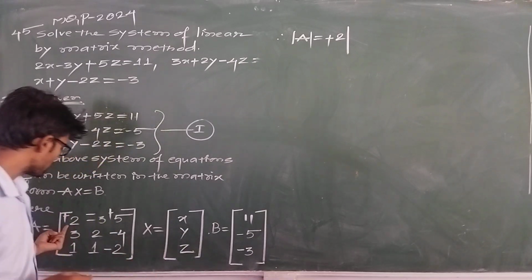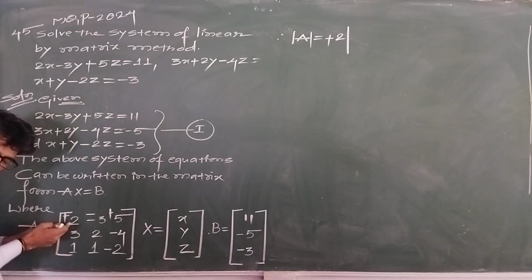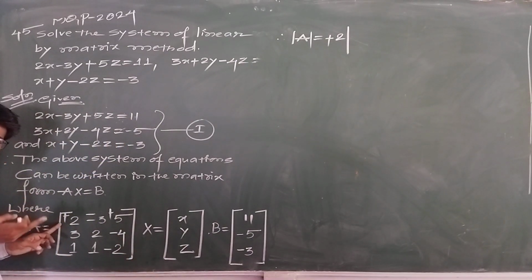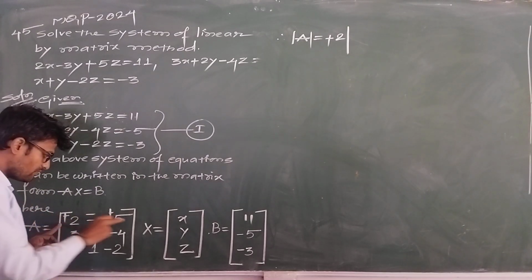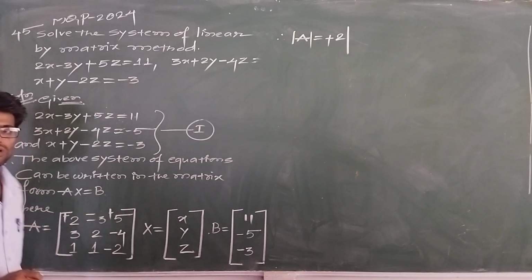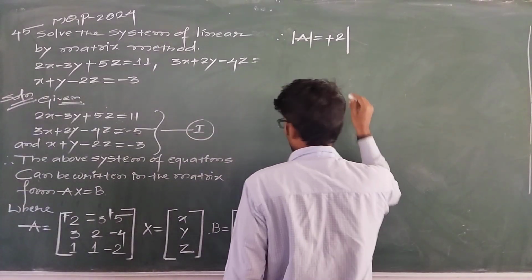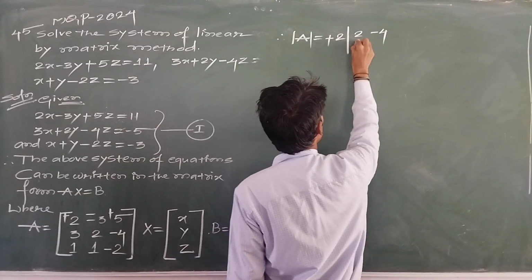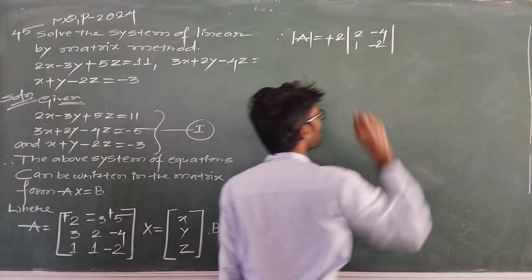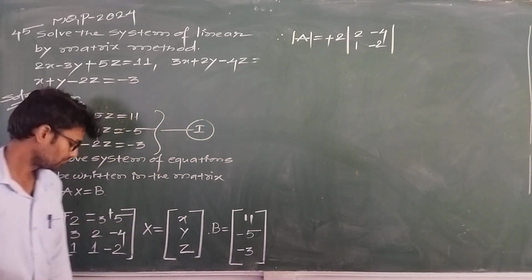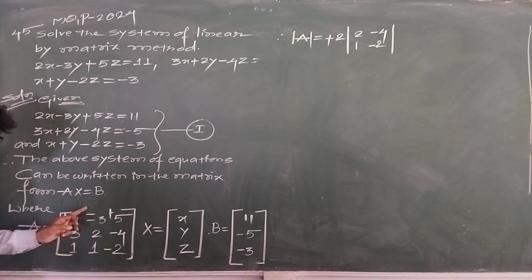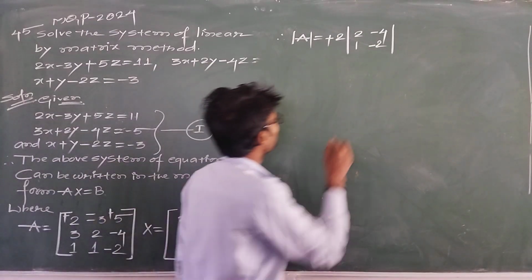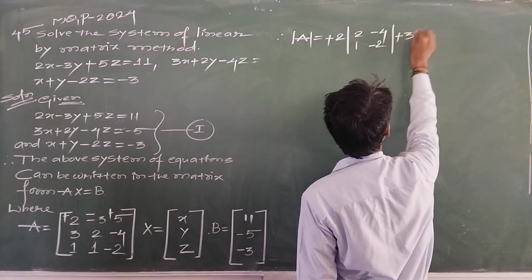So this plus 2 you keep outside, and the remaining elements you write inside the determinant by deleting the first row and first column. Next, 2 minus 4, 1 minus 2 will come. Next, you multiply these two: minus into minus is plus. You write plus 3 here.